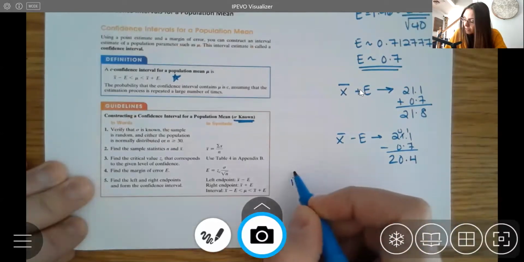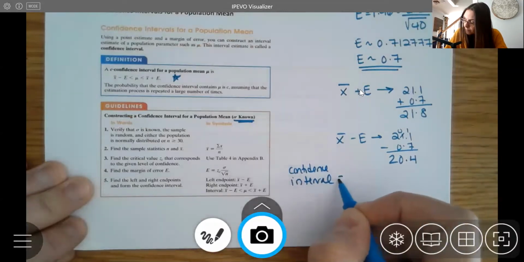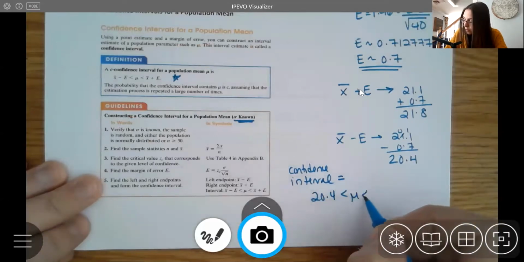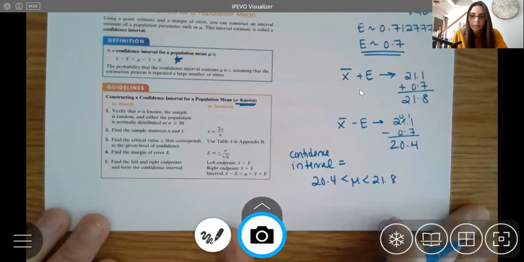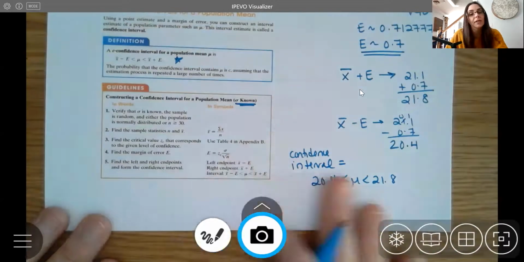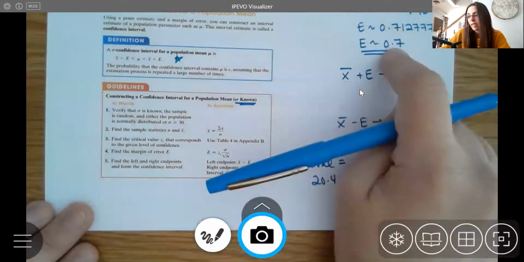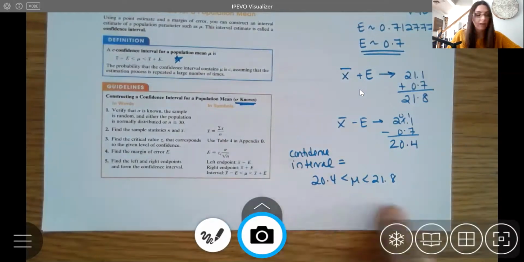So my confidence interval is going to be 20.4 to 21.8. This is our confidence interval for this problem. Before, we estimated and used 0.6 for our error, just guessing, but this is the official formula now. So 0.7 is the true error, and this is our final answer for our confidence interval. Again, this is one way we can write it.